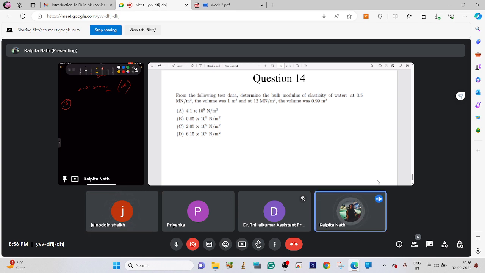Yeah, directly you have to apply the formula. So we know the formula for bulk modulus is equal to V1 del P upon del V, right? So just apply the formula there. Where there will be V1, you will be applying P1. So you have to take the difference in pressure over there.